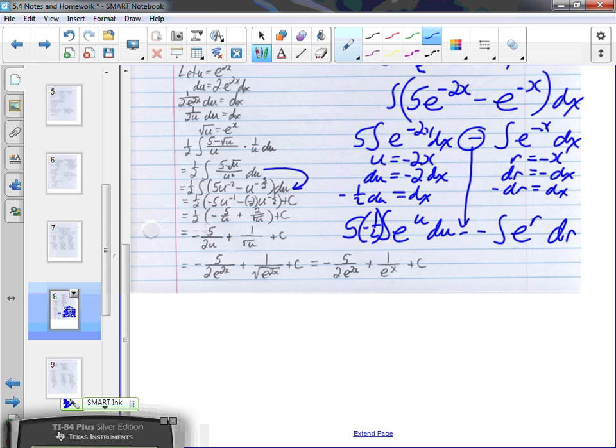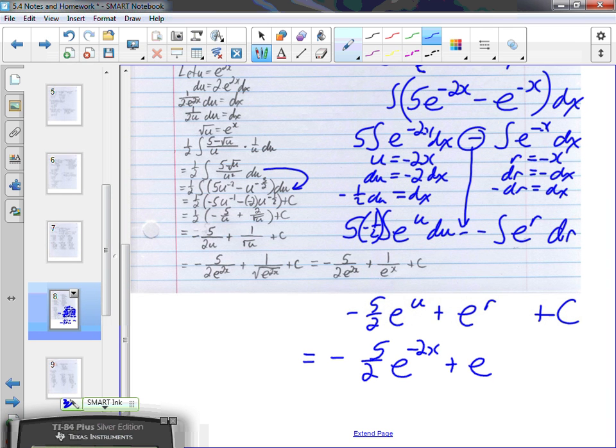So let's see, what would I have? I'd have negative 5/2. Then the integral of e to the u is e to the u. Change that minus negative to a plus. And the integral of e to the r is e to the r plus c. So negative 5/2 e to the negative 2x plus e to the negative x plus c.